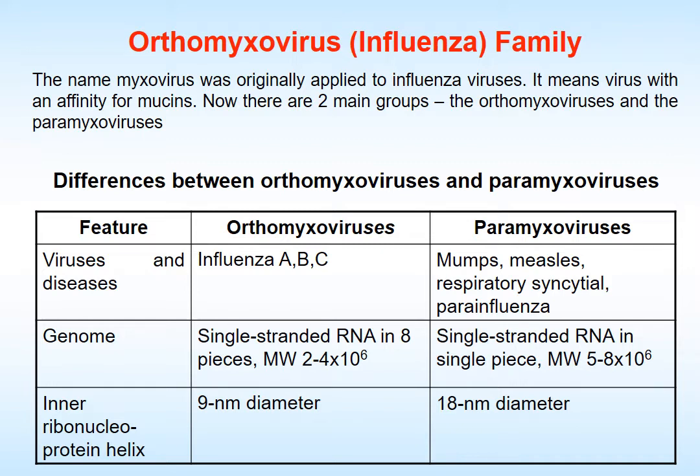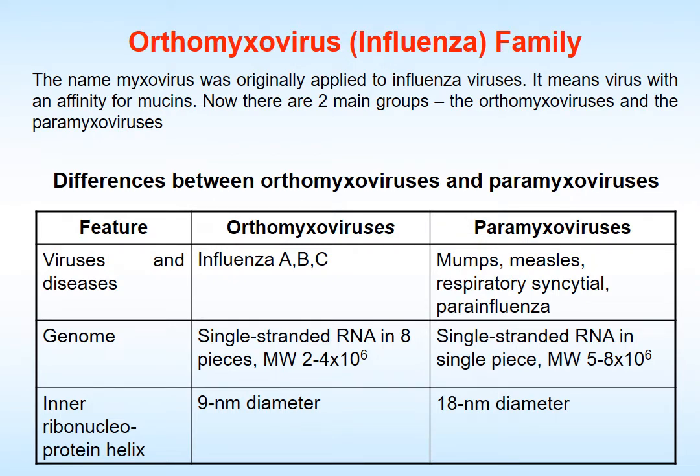Orthomyxovirus can cause the disease influenza, virus types A, B, C, and Paramyxovirus can cause childhood diseases like mumps, measles, respiratory syncytial infection, and para-influenza infection.